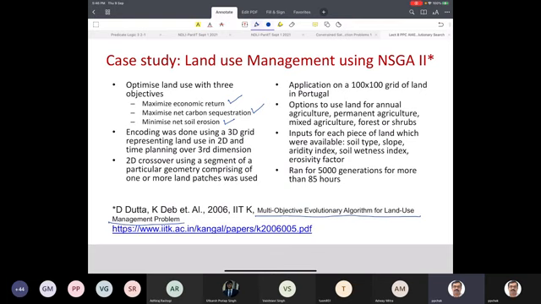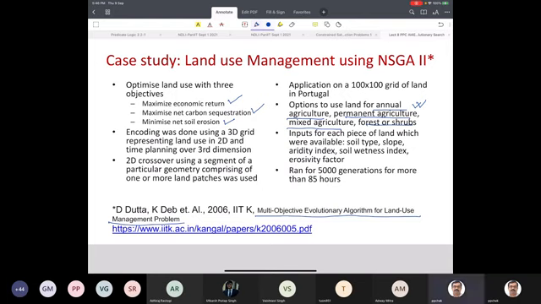They encoded this in a 3D grid, where the land was in 2 dimensions and time was in the 3rd dimension. And then they looked at land patches, and for every patch, they decided what land use it will be for. So they have to choose the land use for different patches.